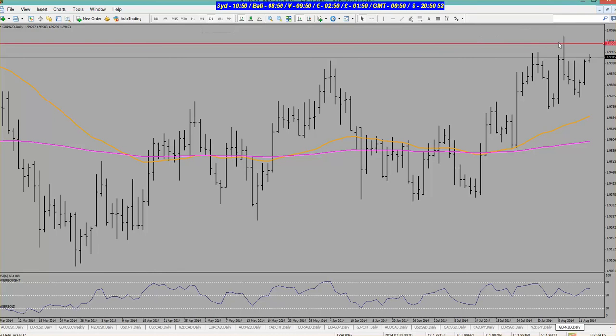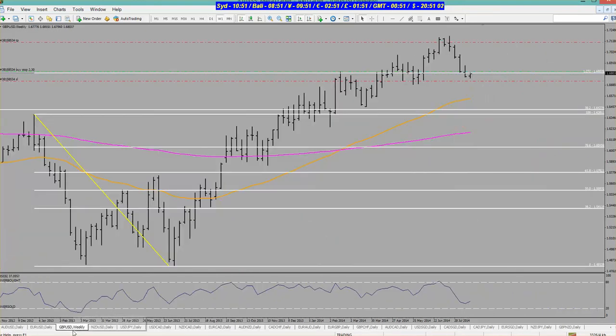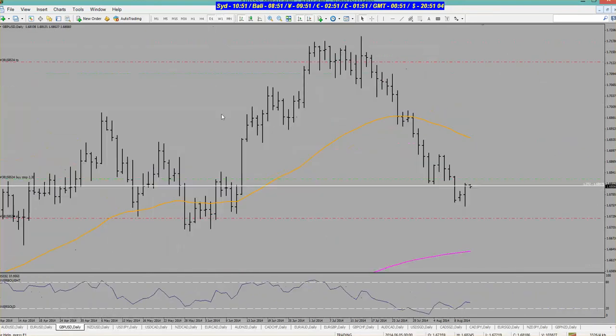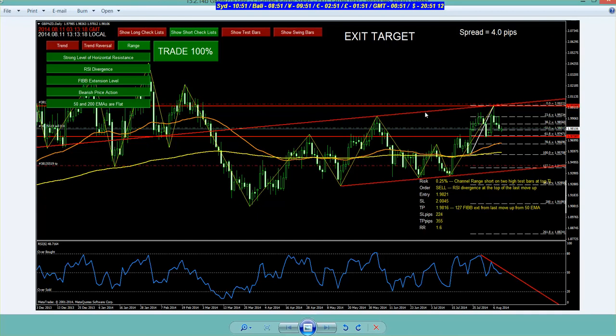Well, still, hopefully your stop is above that, and things can turn around for you. If the Kiwi does run and run stronger than the pound, then you'll be looking okay. Let's hope things turn out for you. But at this stage, you're probably looking at this horizontal at $2, which is a sound reason to be looking at that, to take it short.